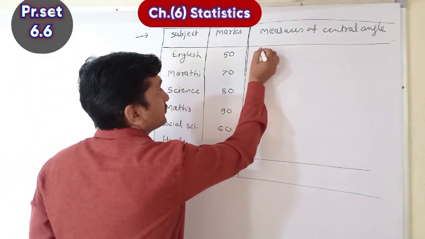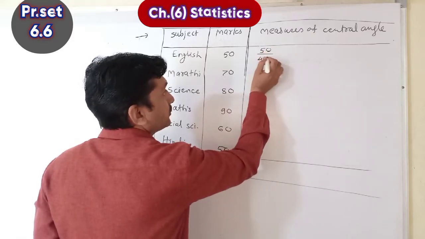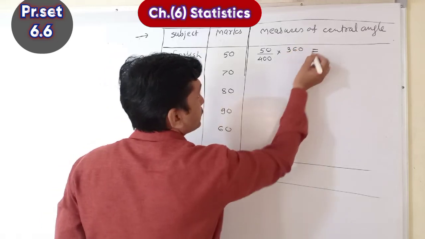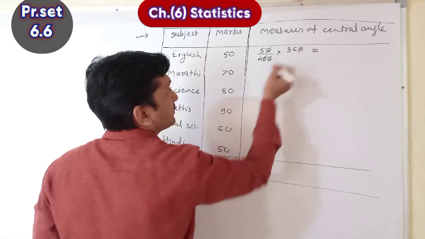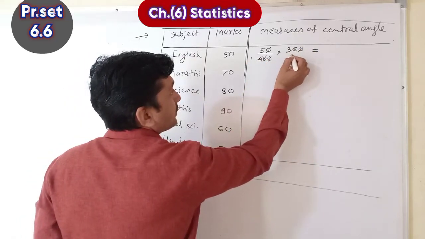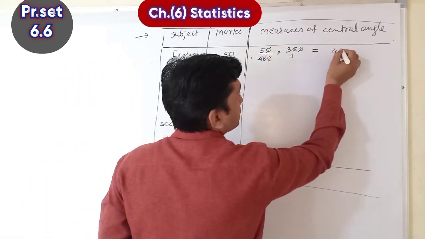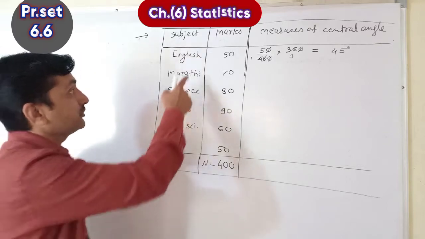Take one by one. 50 upon total 400 multiplied by 360 is equal to, now let's do calculation. 0 cancel, second 0 cancel. Now here by 4 ones are 4, 9 5s are 45. First measure of central angle we got 45°, that is of English.